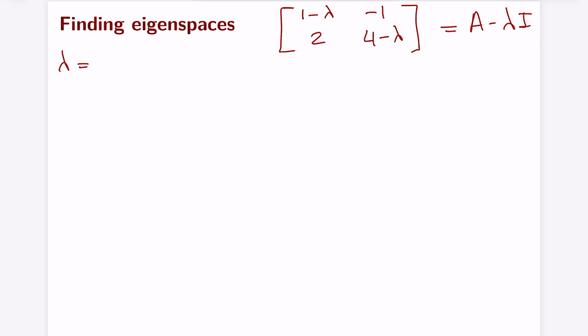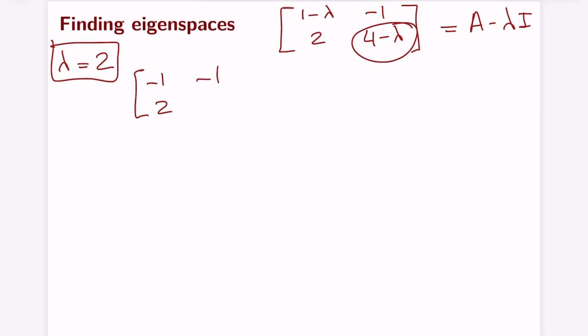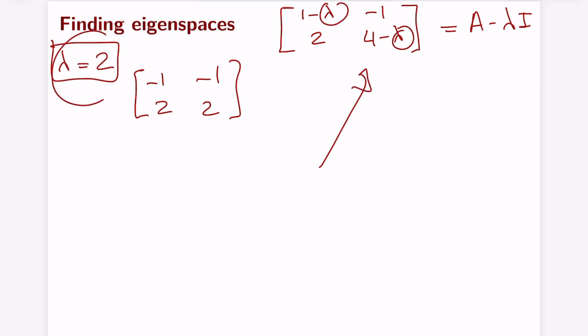For when lambda is equal to 2, this matrix is going to be 1 minus 2, which is minus 1, then minus 1, 2, and here 4 minus 2, which is 2. So this is the matrix that we obtain by substituting lambda equal 2.